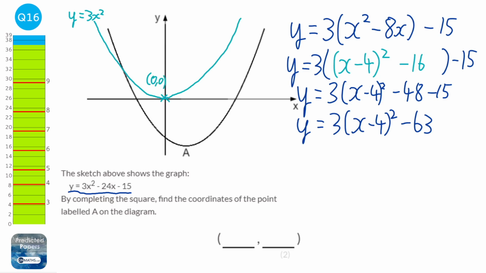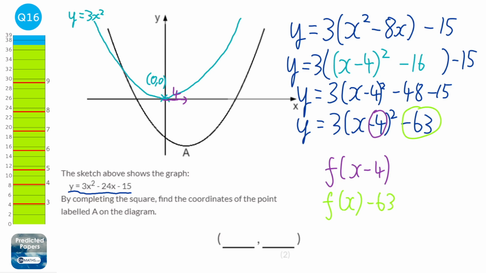Because we know that if we called that f of x, then the situation we've got here, it's going to be f of x minus 4, because we've got the minus 4 there. So that means it will move to the right 4. And we've got to worry about that minus 63 as well.